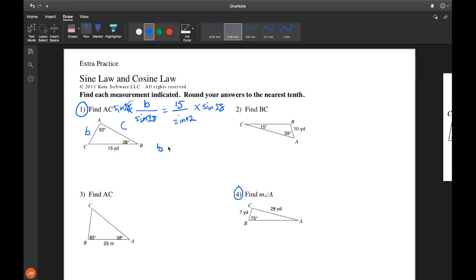Alright, now I'm left with B equals 15 sine 28 divided by sine 92. Now if I plug this into my calculator, as long as it's in degree mode, I should get the right answer.